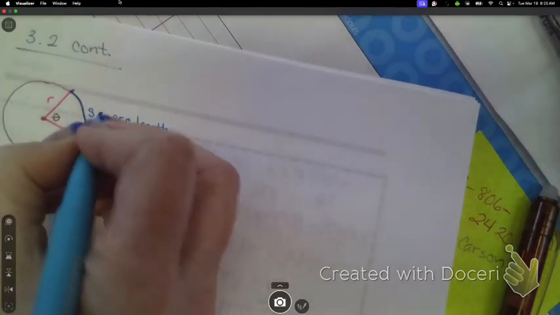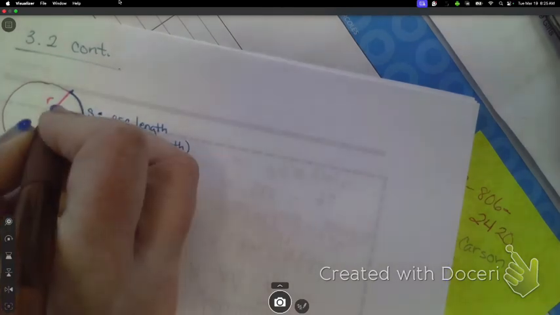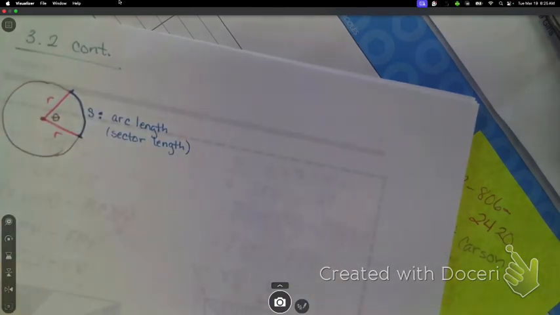Put a dot so it doesn't look like a negative. Okay, so R stands for what? Radius. Theta is an angle. Okay, so we have a formula that will find the sector length, or arc length.